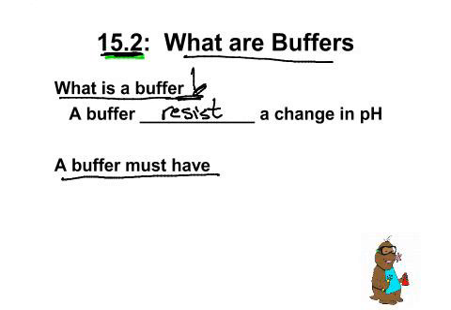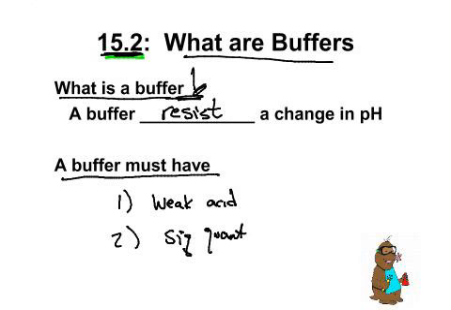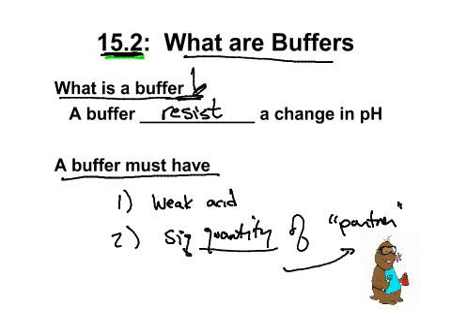There are two components to a buffer. I say a buffer must have a weak acid, and number two, a significant quantity of the partner. Could it also be a weak base and its partner? Yes, let's finish this idea first.